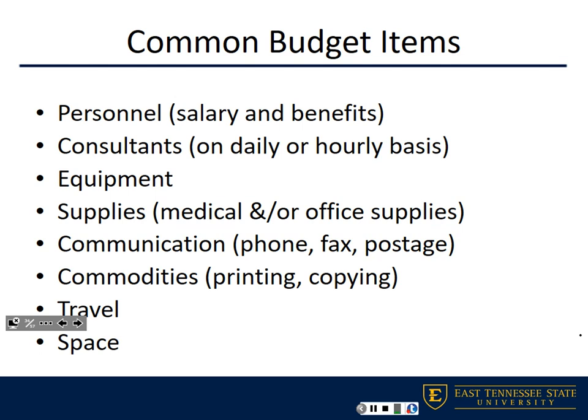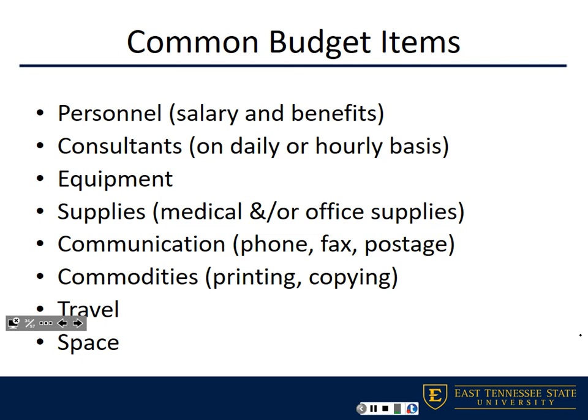Budgets are typically divided into 2 categories: your personnel budget and your non-personnel budget. Okay? So your personnel budget is going to include your staff needed to implement your intervention, your team, basically.